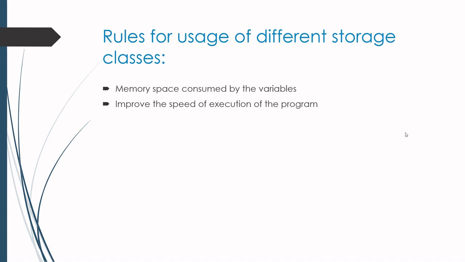It can be of any type, but we should consider how much memory space will be consumed by those variables. And we should also consider the speed of the execution of the program. Okay, this is very, very important whenever you are writing programs.